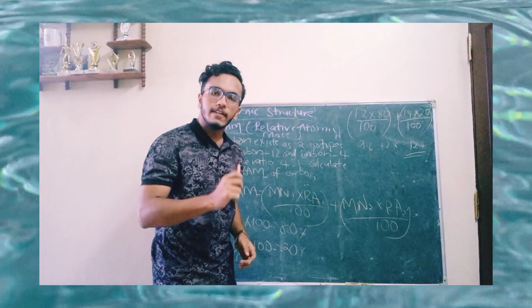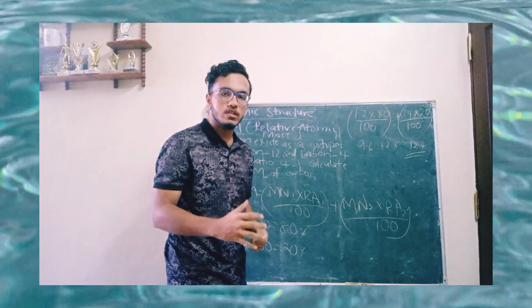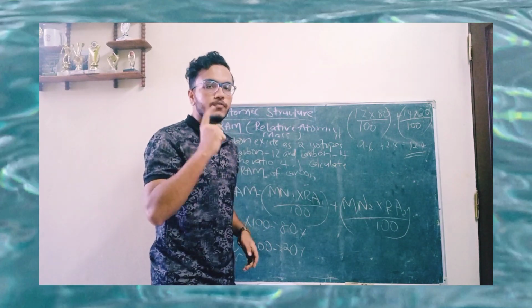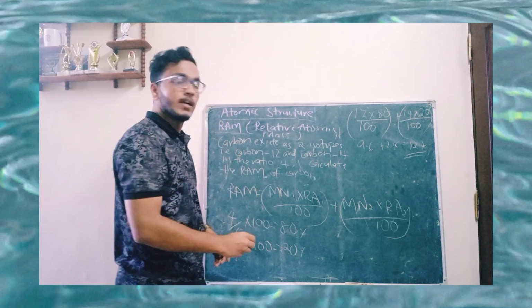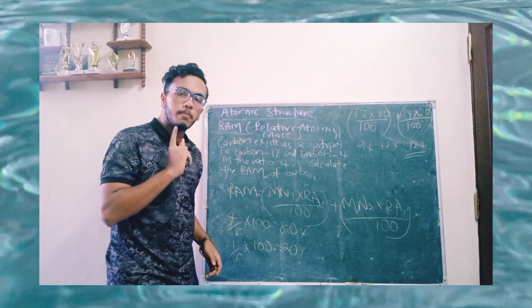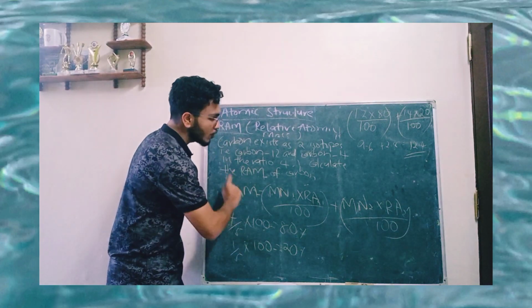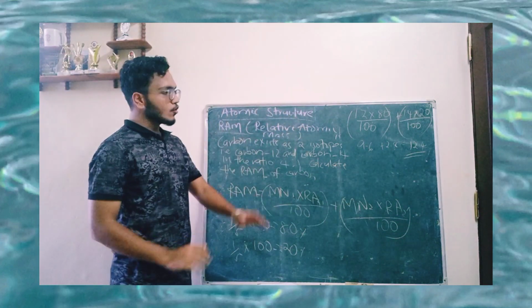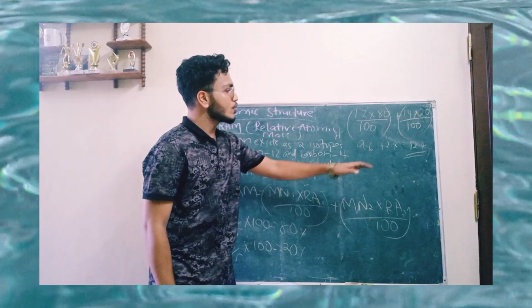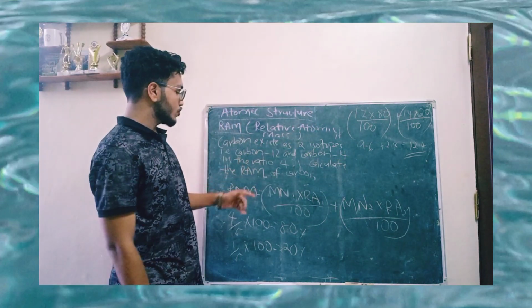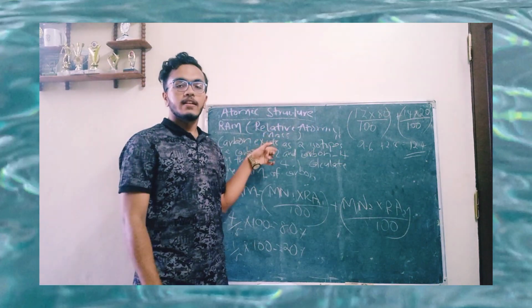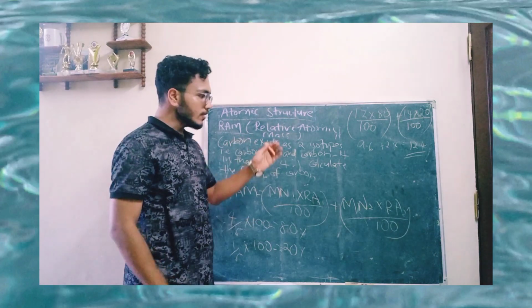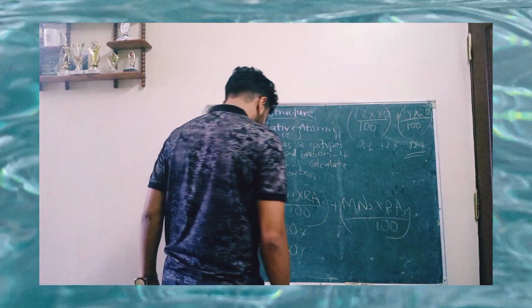The relative atomic mass is always closer to the mass number of the most abundant isotope. In this case, the most abundant isotope is carbon-12, and your answer has come to 12.4. So is your answer correct? Yes, it is, because 12.4 is closer to 12 than 14. This is a confirmatory test for your answer of relative atomic mass.